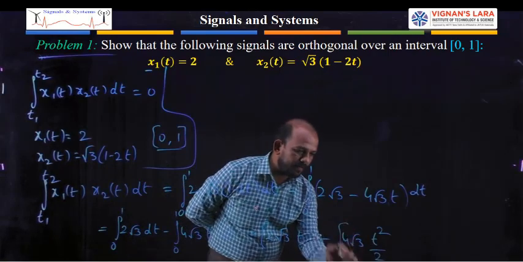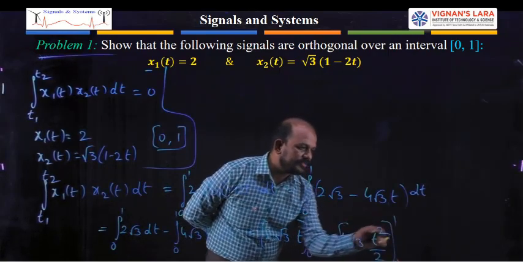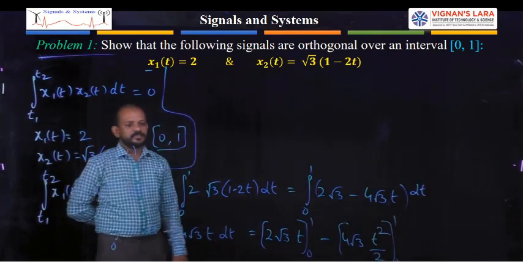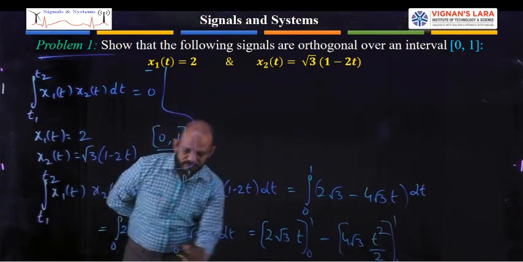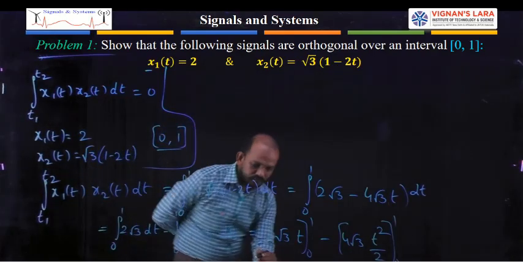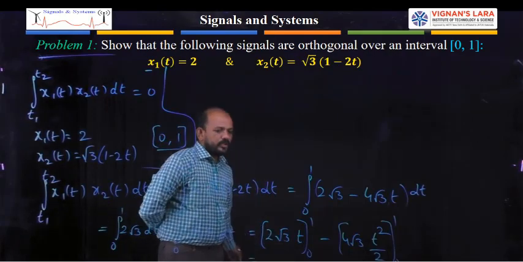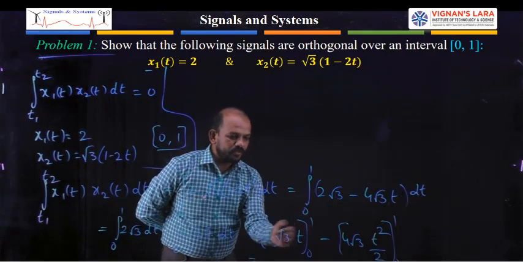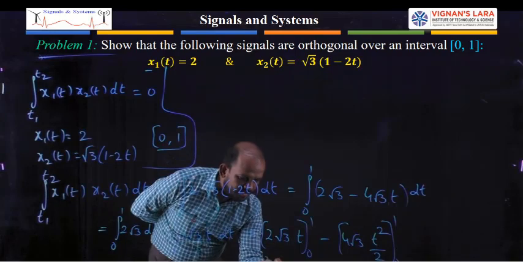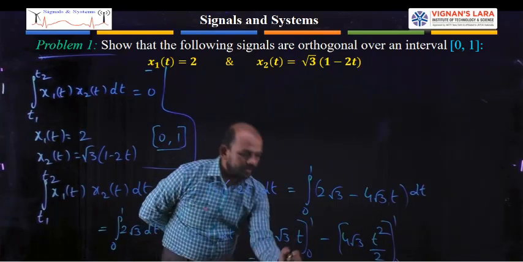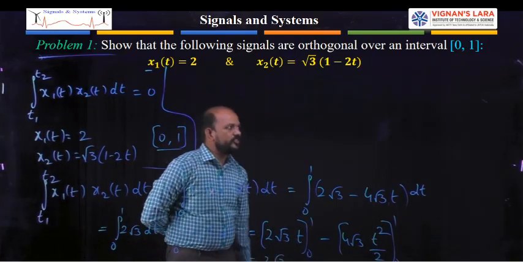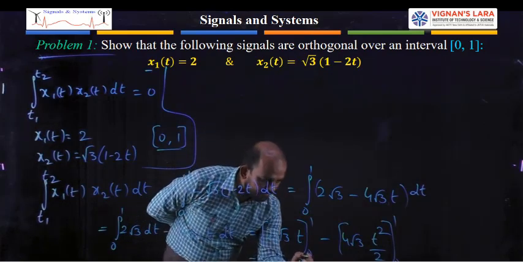We have to apply the limits 0 to 1. So first apply 1 here: 2 root 3 into 1 is 2 root 3, minus 2 root 3 into 0.